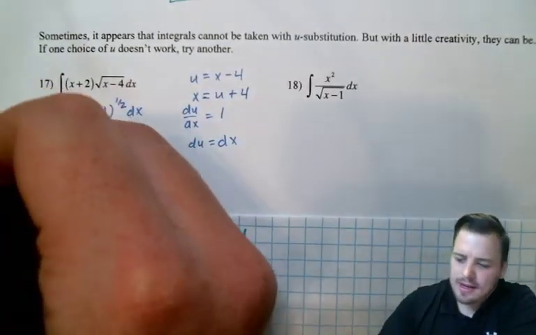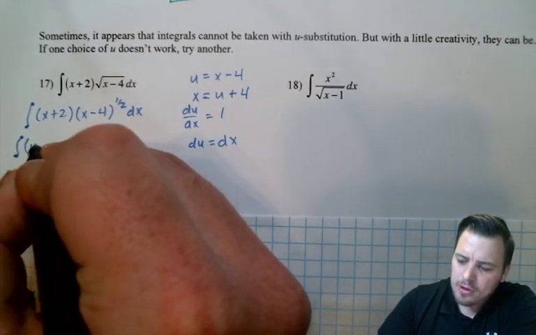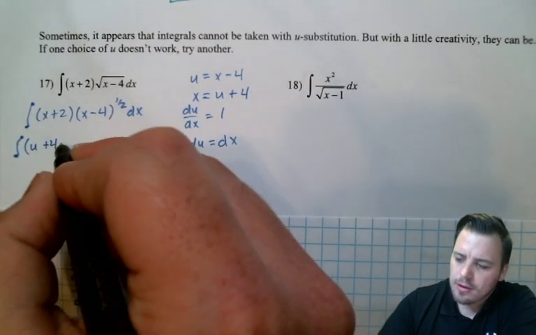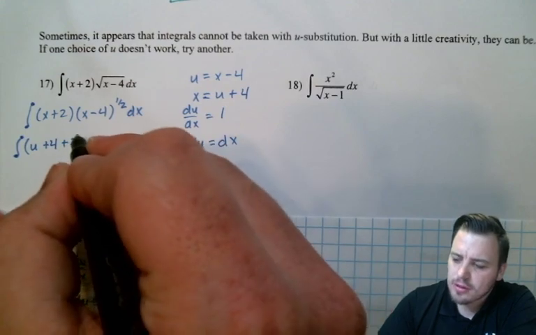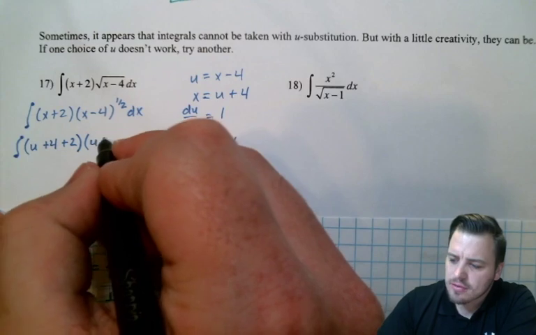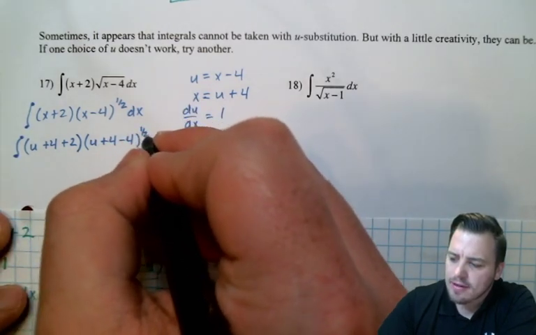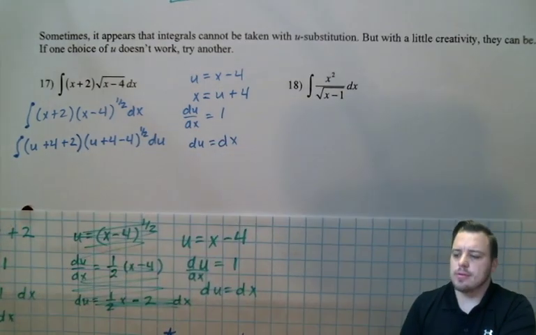So here's what it looks like. The antiderivative of u plus 4 plus 2 times u plus 4 minus 4 to the 1/2 of du.